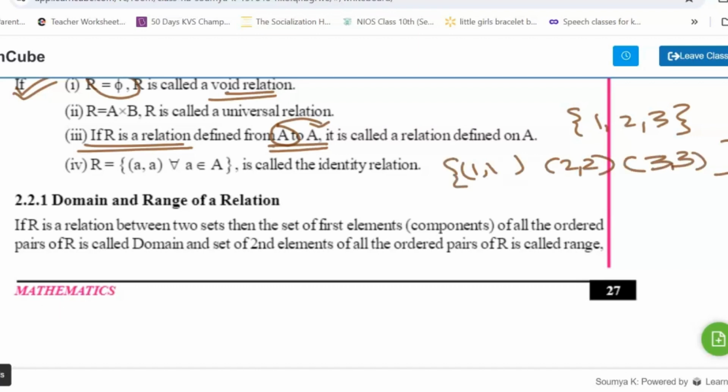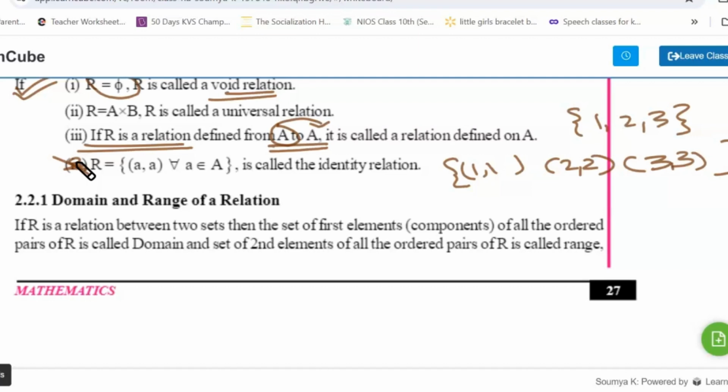Okay, these are the resulting set if you apply the identity relation. So these are the types of relations that are mentioned here.